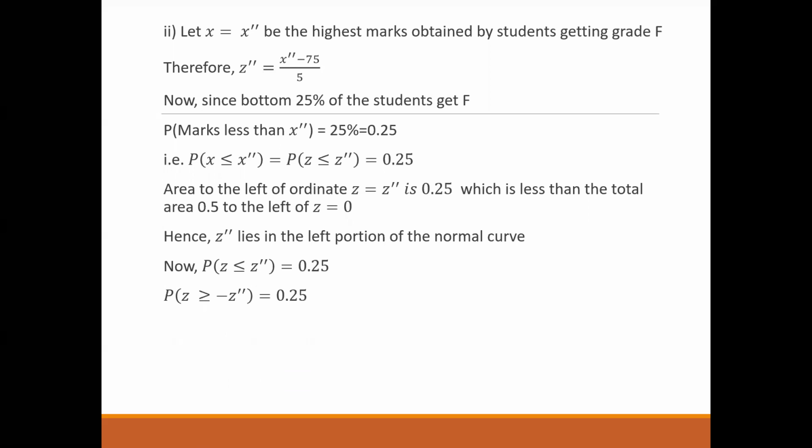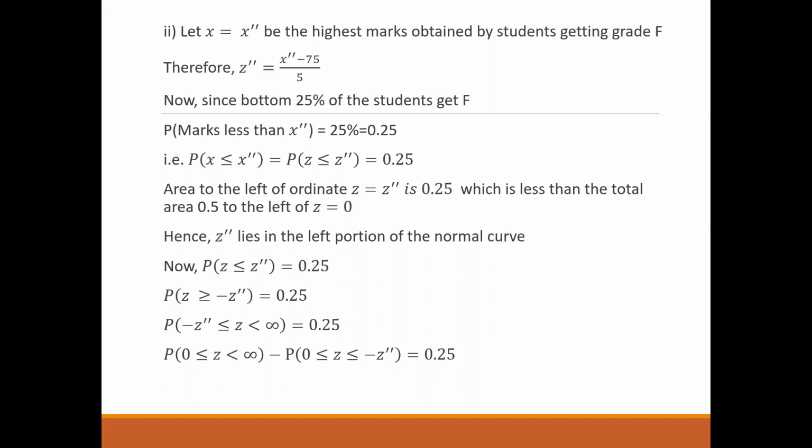Fine, so we'll further write this equation: P(minus z" less than or equal to z less than infinity) equals 0.25, which is the probability between 0 and infinity minus the probability between 0 and minus z".